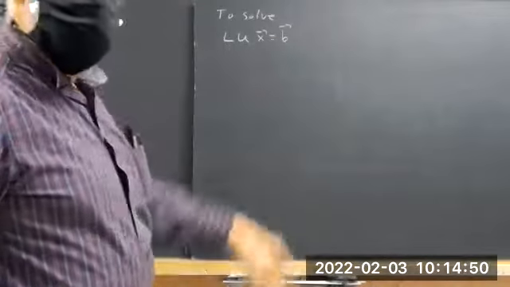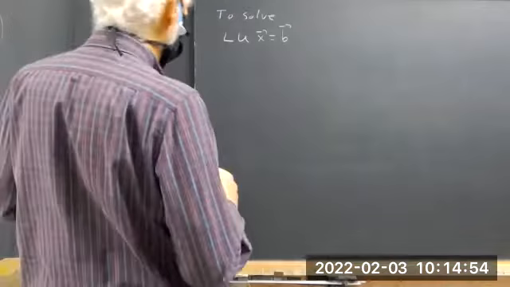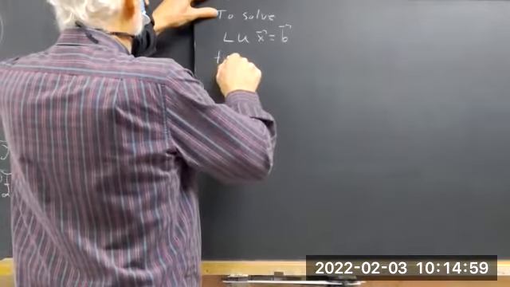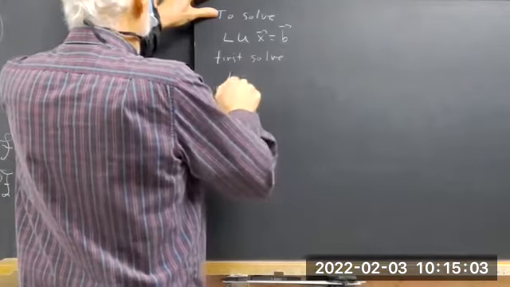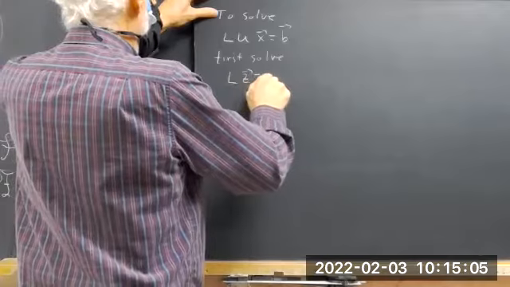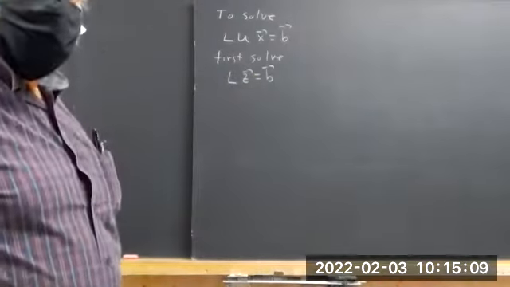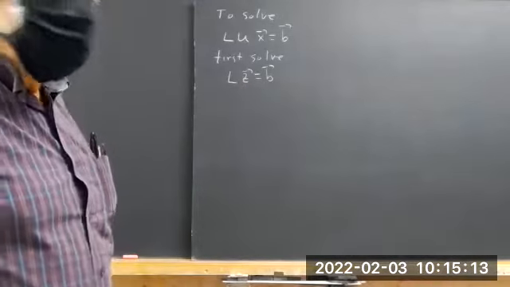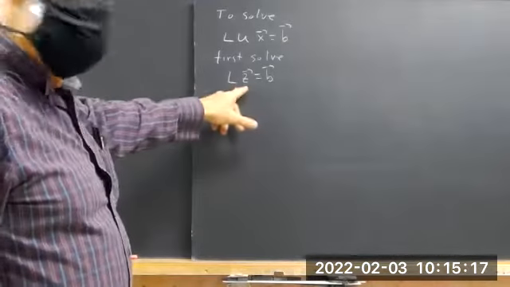Solve LUX equals V. First solve LZ equals V. What's Z? Something that I throw in there. It's a dummy variable, if you wish. It's just there to use in the process. I could call this thing anything.